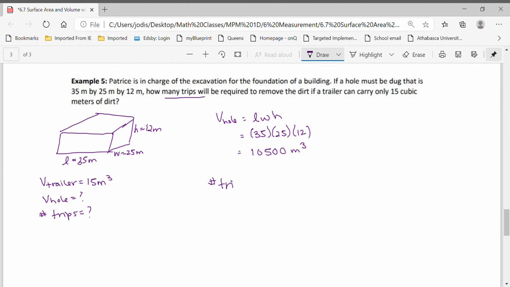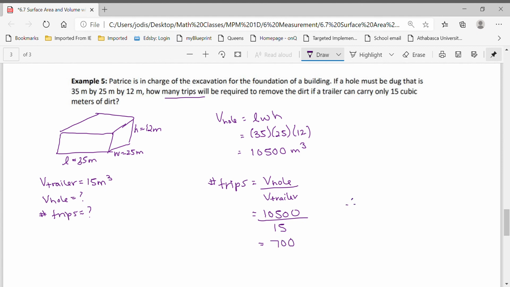So whenever they ask you a question like that, you're always going to take the volume of whatever you're trying to clear divided by the volume of what you're clearing it with. Right, so we're going to take the volume of the hole divided by the volume of the trailer, which gives us 700.